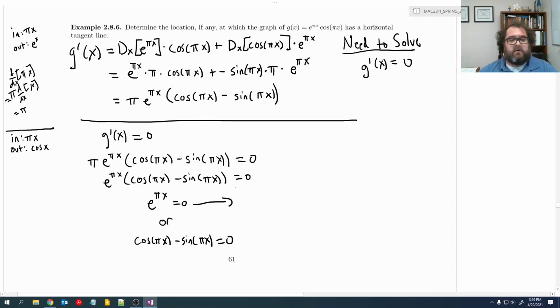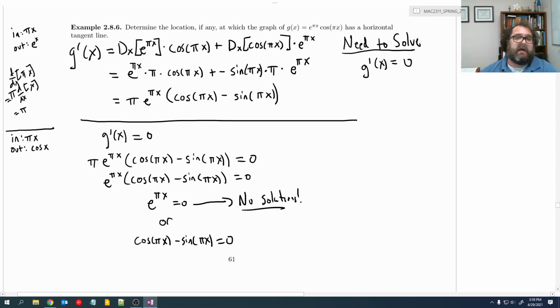What does this imply? E to the pi x equals 0. Here's a common situation we'll have, just like this, and here's the response: no solutions. Why? Think about the graph of e to the pi x.